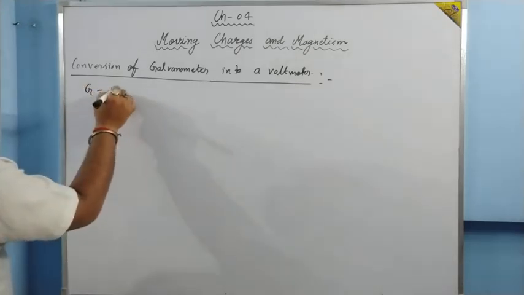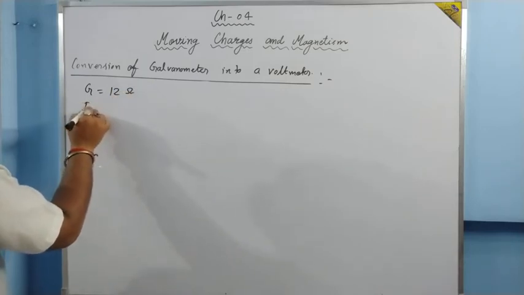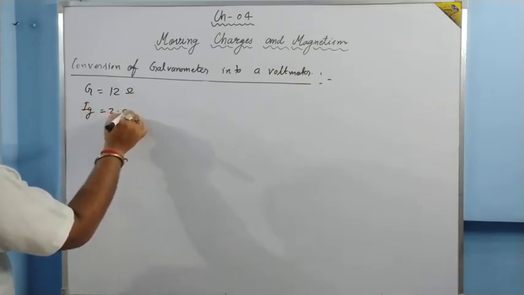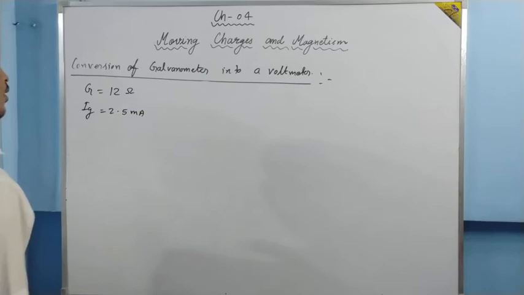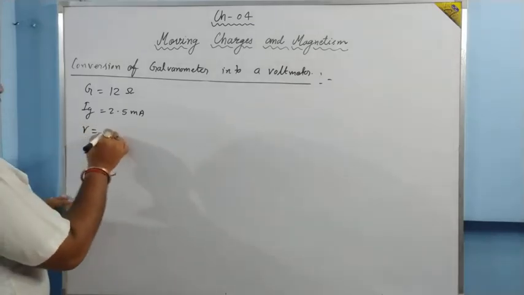Capital G value is given 12 ohm. Ig has been given 2.5 milliampere. Now the question is, how will you convert the galvanometer into a voltmeter of range 0 to 10 volt?